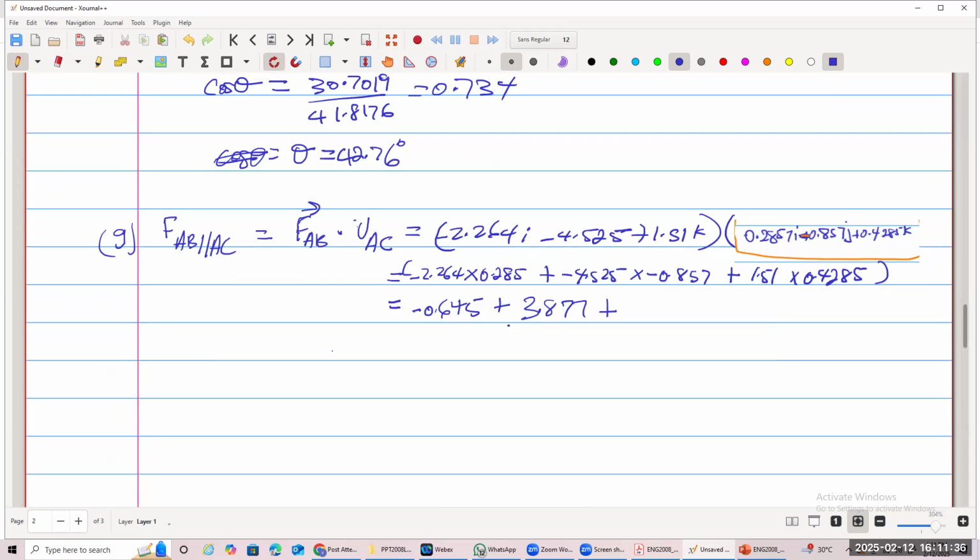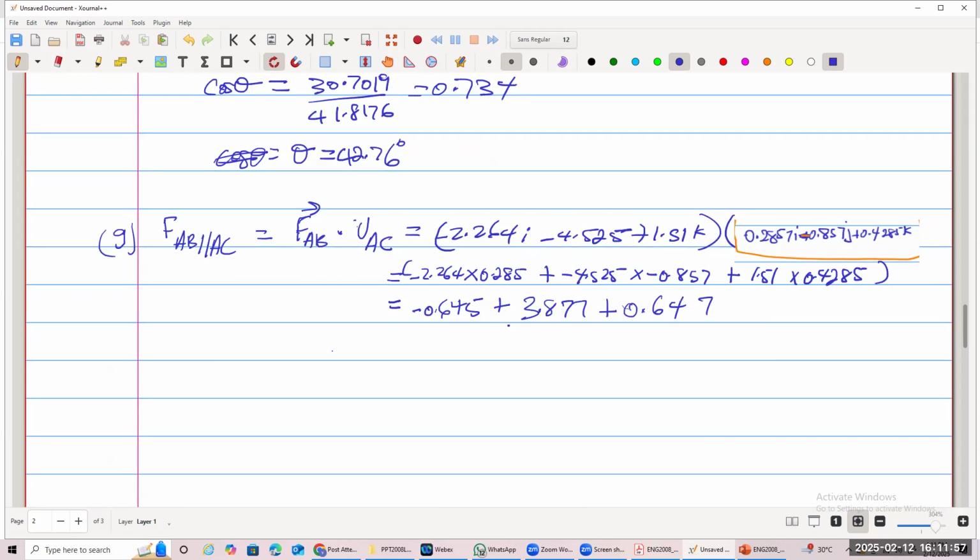The last one is supposed to be a small figure, times 0.4285. So you get 0.648 or so.